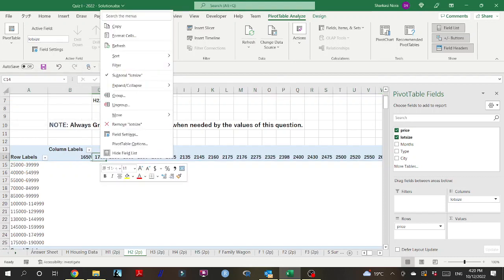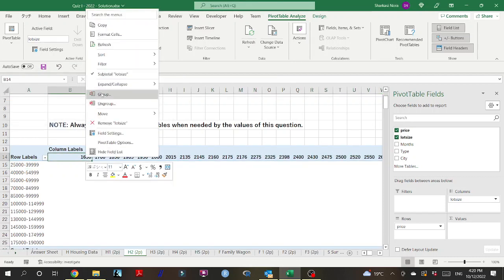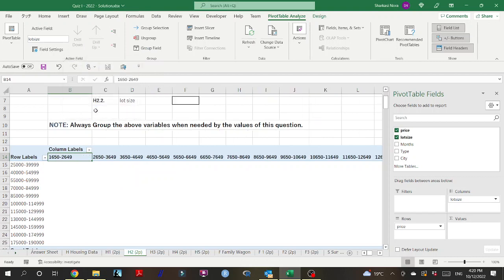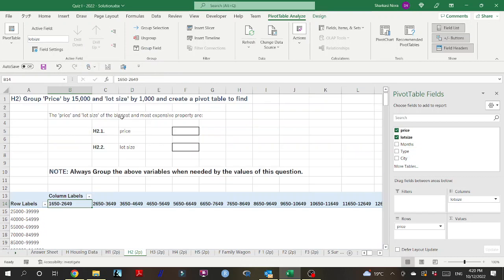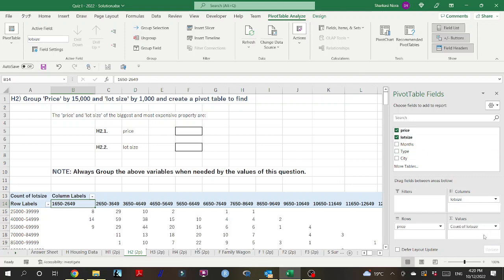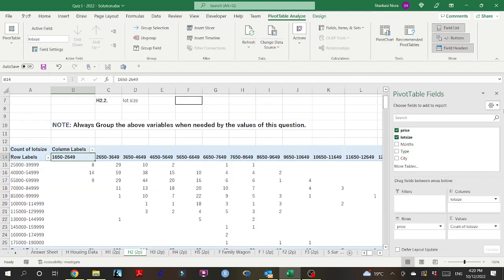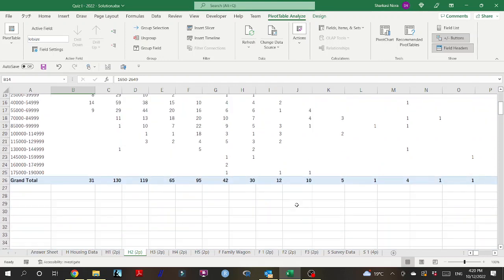Group this by 1,000. Okay. And now, what do we need? We need the house with the biggest and most expensive property. All right, I'll take the lot size and throw it in there and put it in the count, it doesn't matter.